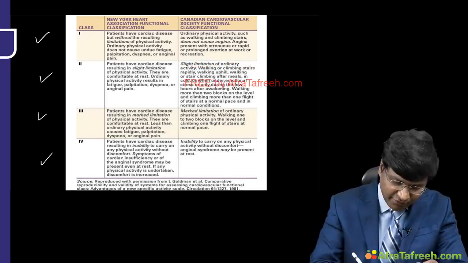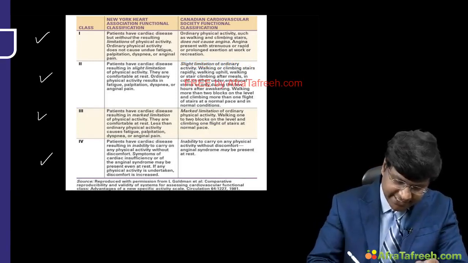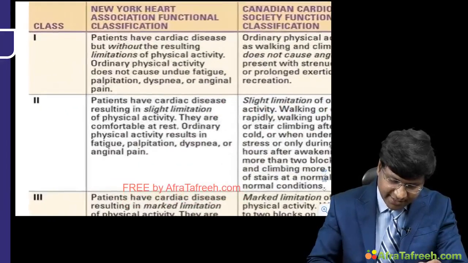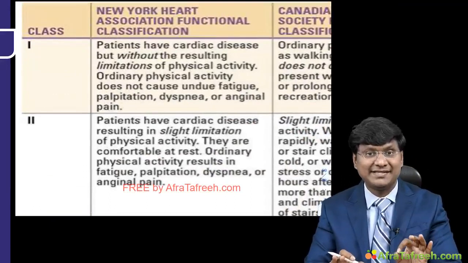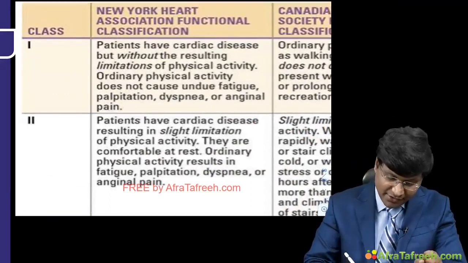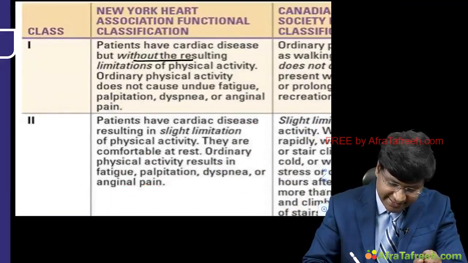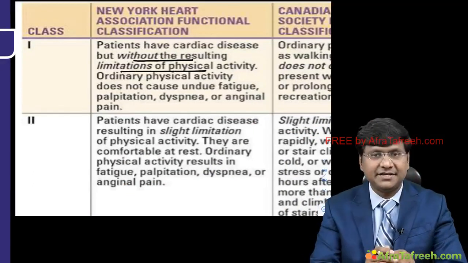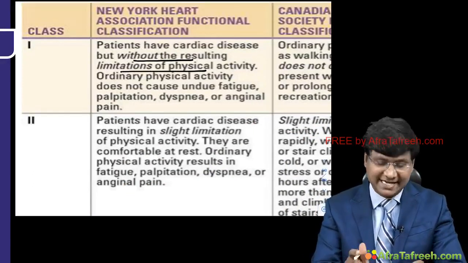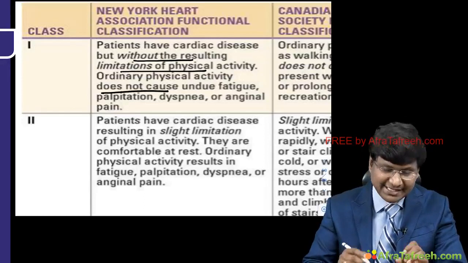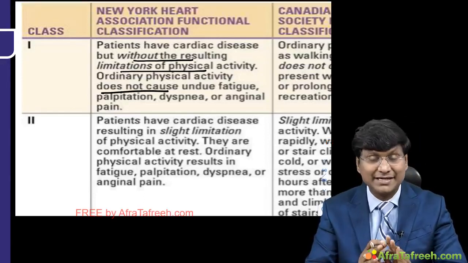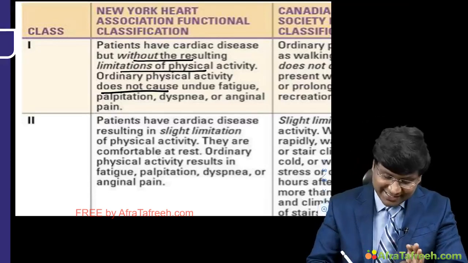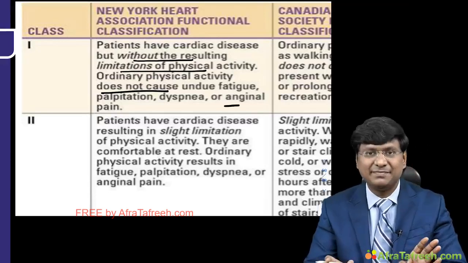So, in case of the NYHA classification, if you take class 1, these patients have a cardiac disease, but without resulting limitation of the physical activity. So ordinary physical activity does not cause fatigue, palpitation, dyspnea, or even anginal pain.